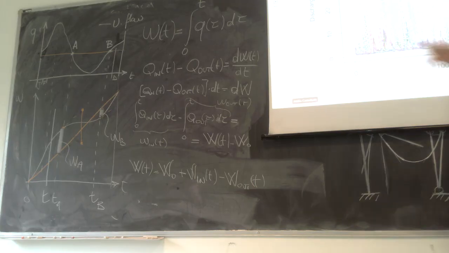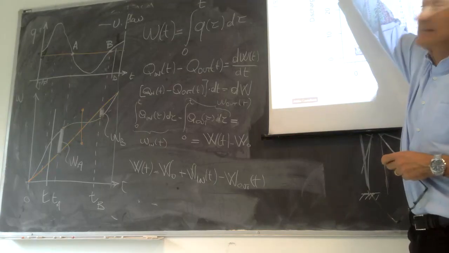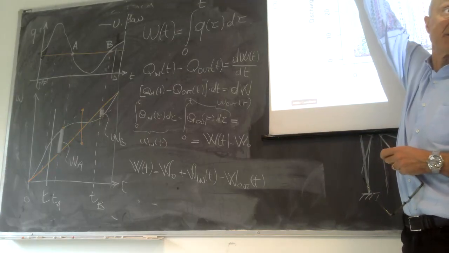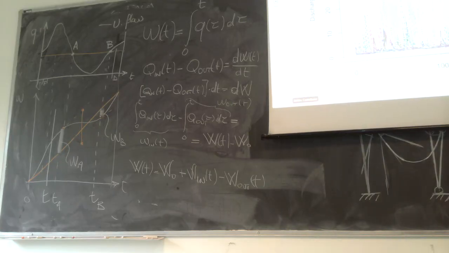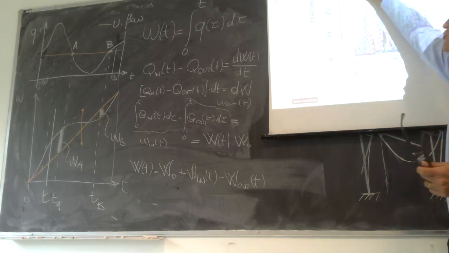There are flood events that can go as high as 50 cubic meters per second, but we are not interested in flood events. As a matter of fact, we don't even produce hydropower when we have a major flood event due to sediment transport, which could damage the turbine.